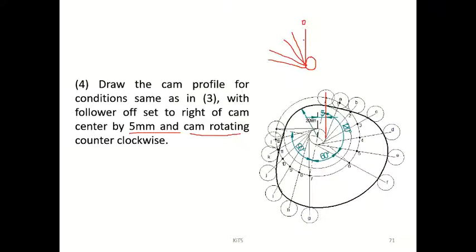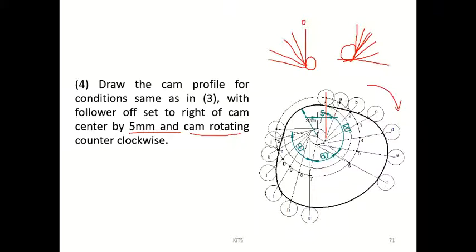But now, for counterclockwise direction, you have to draw the line this side and count this side: 20, 40, 60, 80, 100, 120. You have to count this side. That's what they give here.